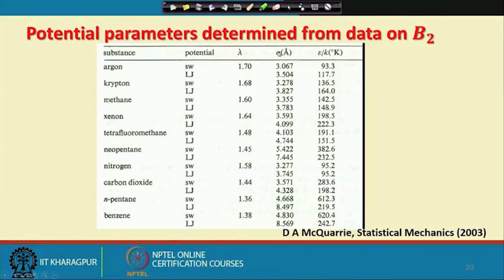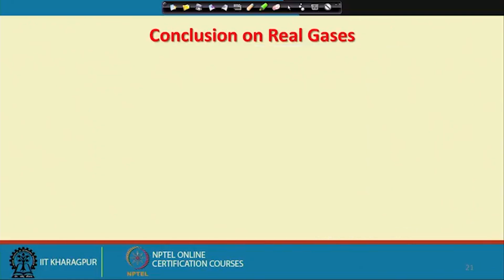In the case of the Lennard-Jones potential, we require sigma and epsilon. So, using the data at different temperatures from B2 for systems like argon, krypton, methane, xenon, all these nonpolar systems, it is possible to extract these potential parameters and then use them in describing the interaction potential of the molecules or the atoms constituting these gaseous systems.